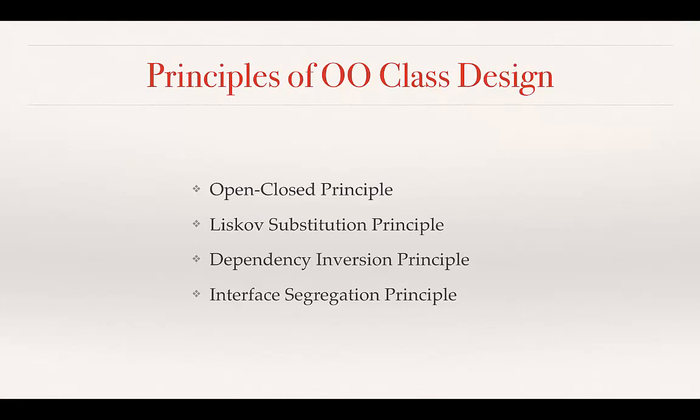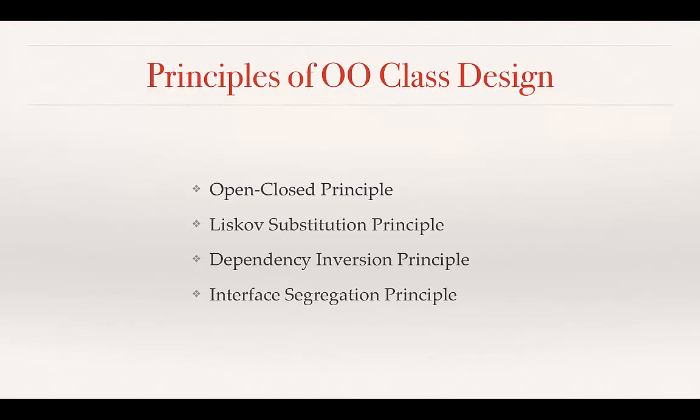Martin gives 4 principles of object-oriented class design to help us with designing our components: the open-closed principle, the Liskov substitution principle, the dependency inversion principle, and the interface segregation principle.